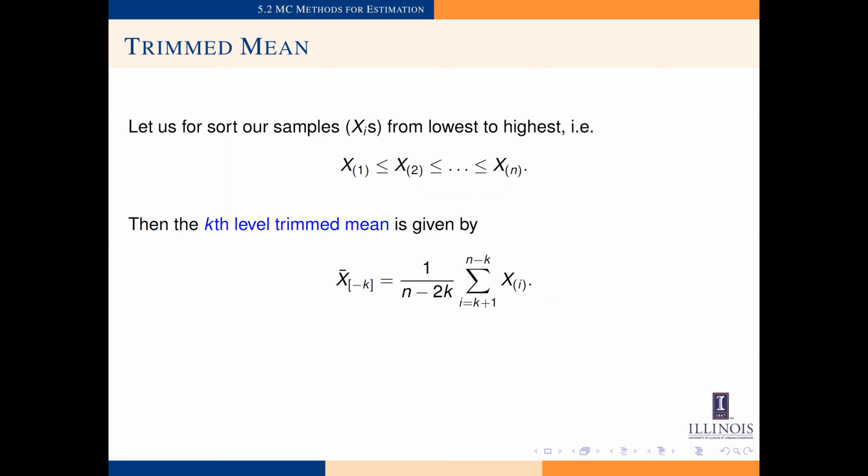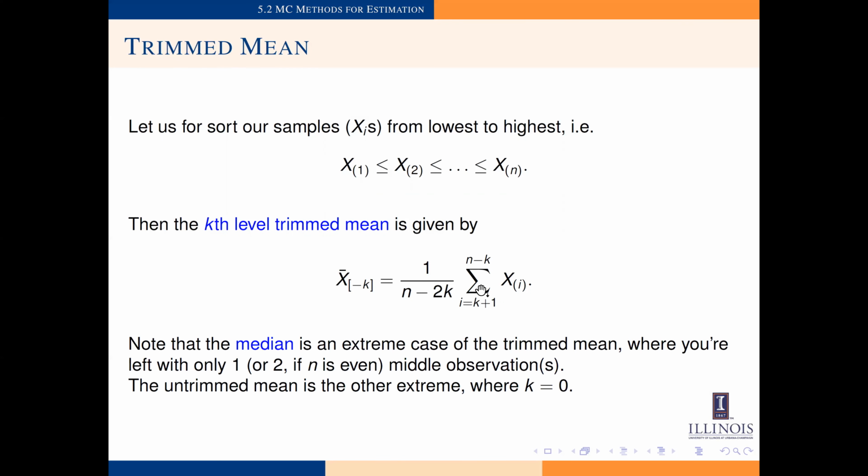It essentially is saying: I sort all of the random samples I get, I get rid of the top k and the bottom k, and then using the middle values that are remaining, I calculate the sample mean. So we're trimming the two tails. You can see that the median is an extreme case of the trimmed mean, where you are left with only 1 or 2 observations in the middle.